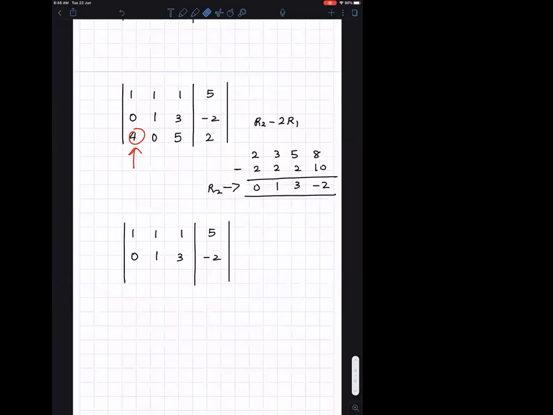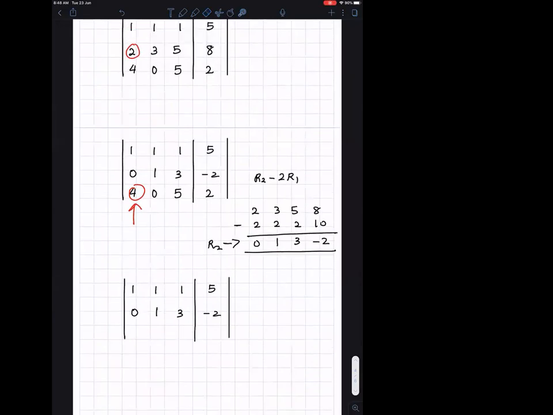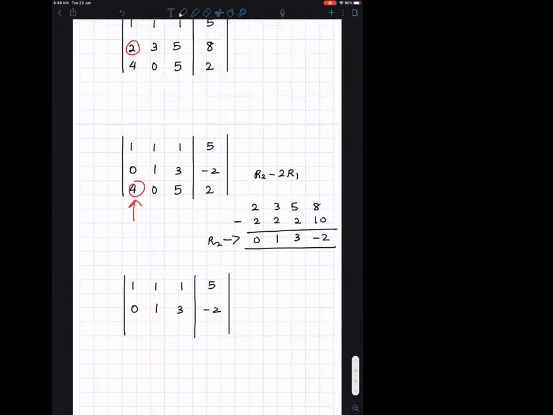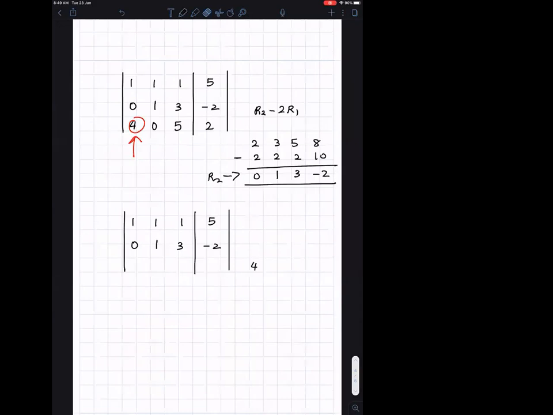So we already have ones here. If I multiply that by 4 and subtract from row 3, that would work. So it's going to be row 3 minus 4 row 1.